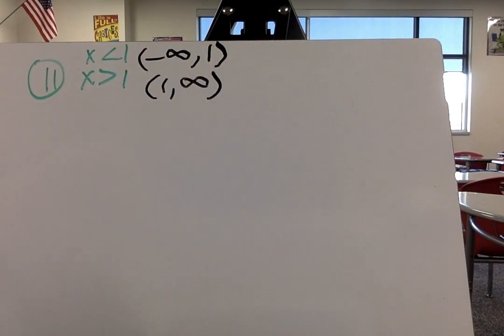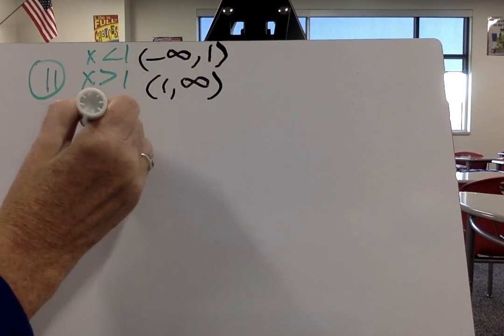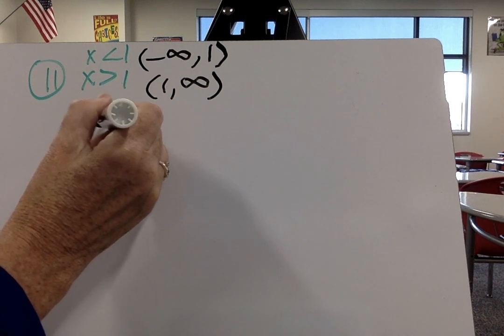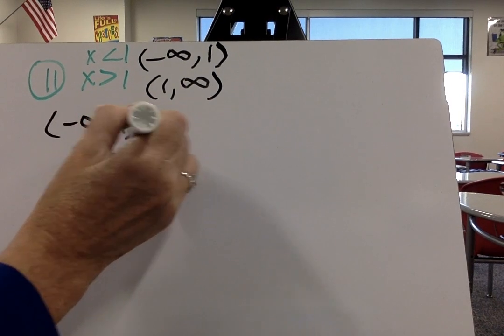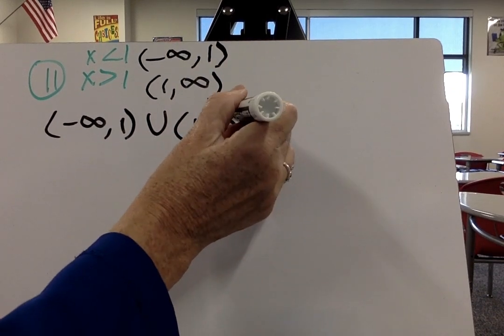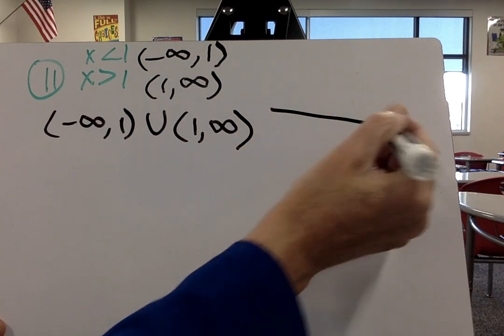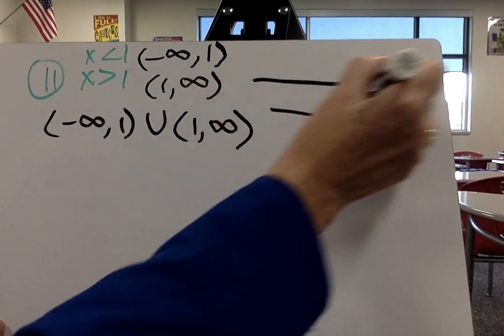So if these are together, we can go ahead and put them together. Negative infinity, comma 1, union 1, comma infinity. And to graph that, let's see. I'll do another line here.